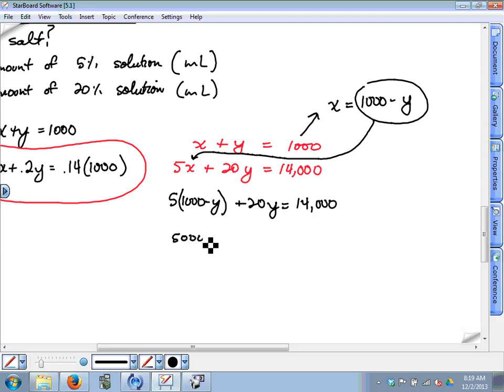So this is 5,000 minus 5y plus 20y equals 14,000. You guys can finish this. Solve for y and solve for x.